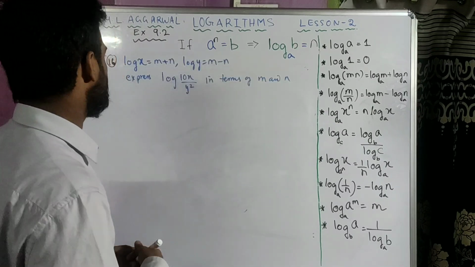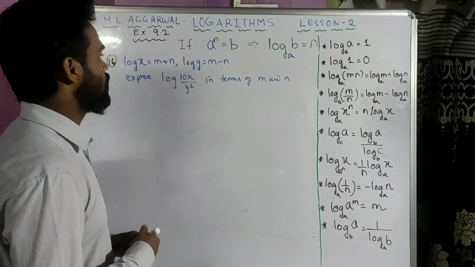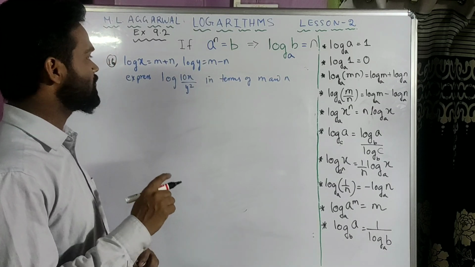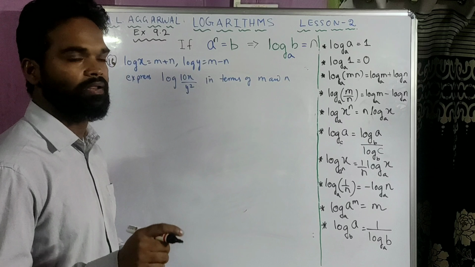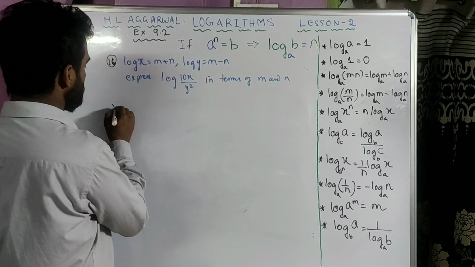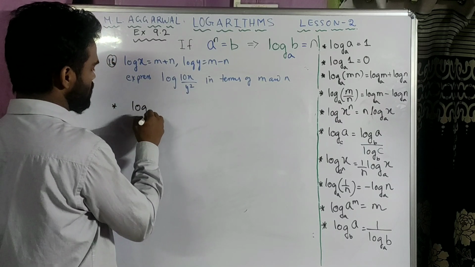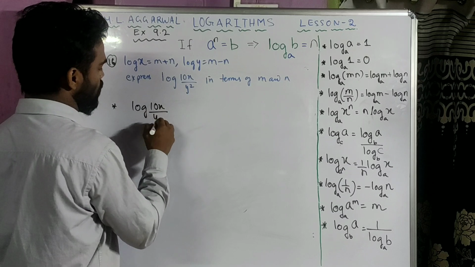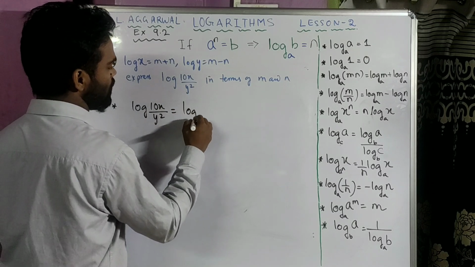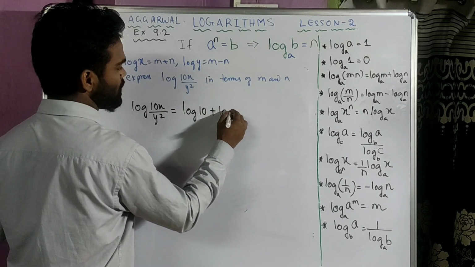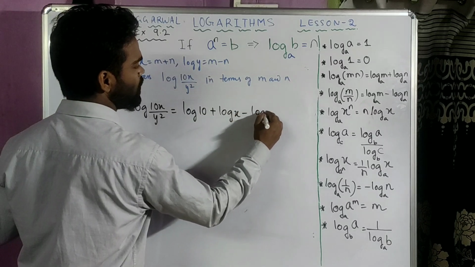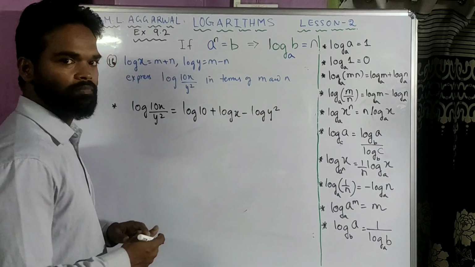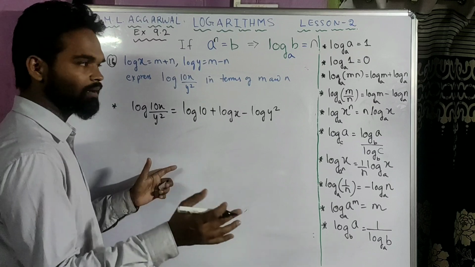Now look at sum number 16. Log x equals m plus n. Log y equals m minus n. Express log of 10x by y square in terms of m and n. Very easy. Look. Log 10x by y square can I write as log 10 plus log x minus log y square? This was a single log, and we expanded it.